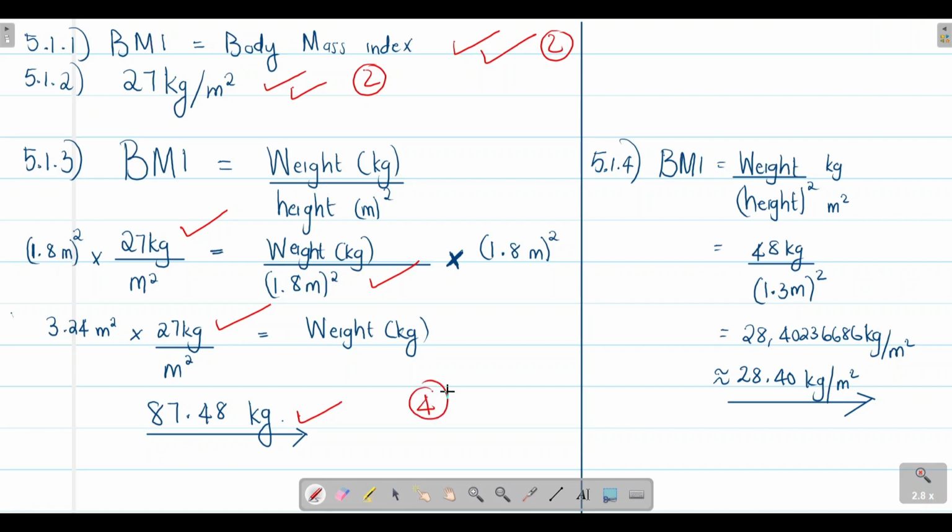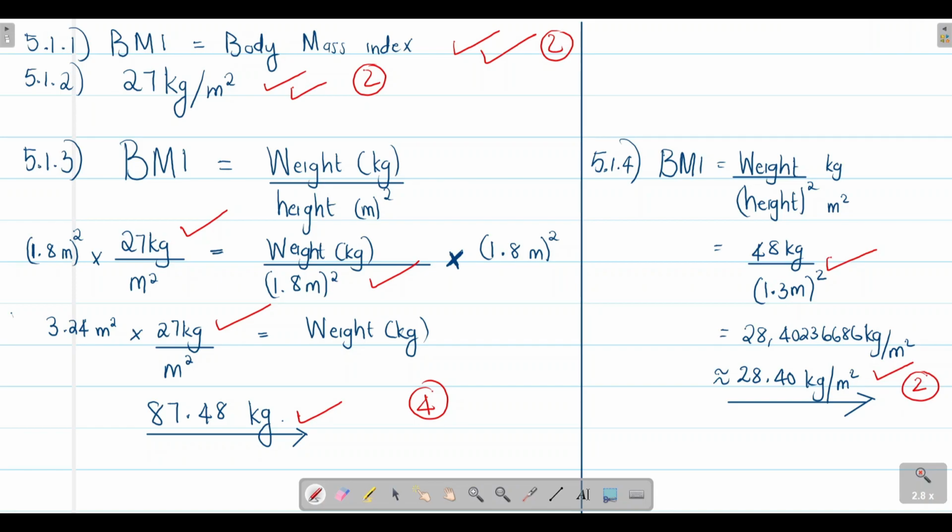And question 5.1.4. You will get 1 mark for the correct substitution of the values into your formula, and a final mark for the final answer of this boy's BMI of 28.40 kilograms per meter squared. So that is out of 2 marks.